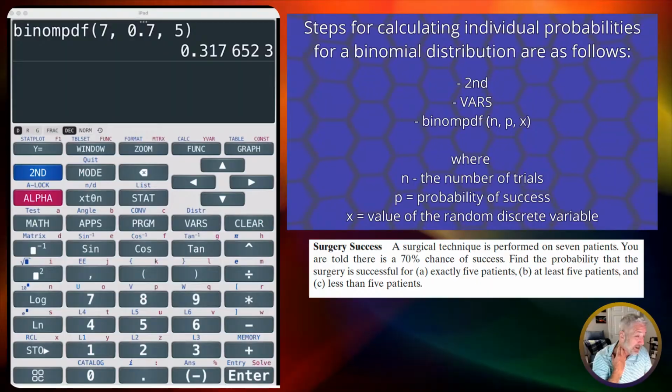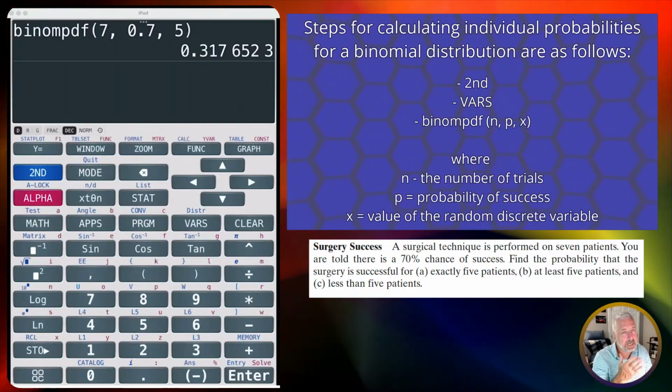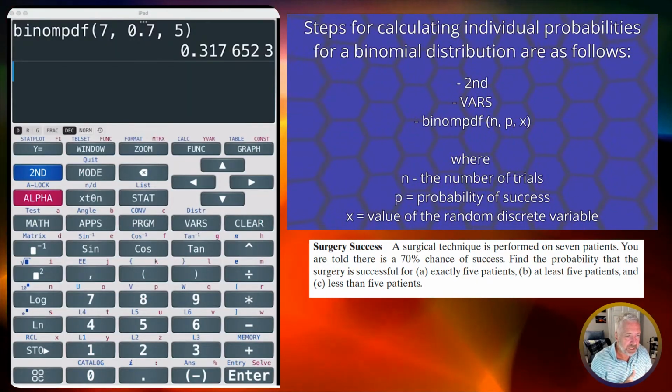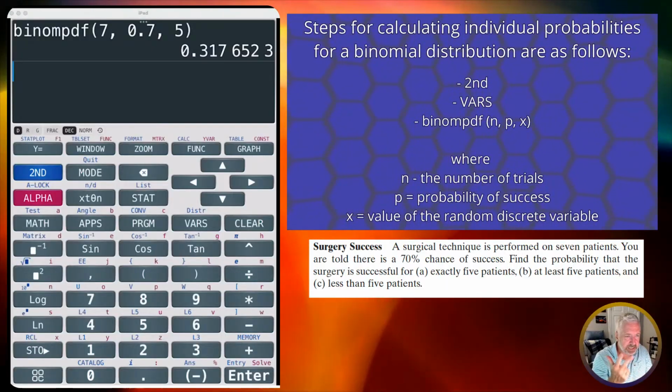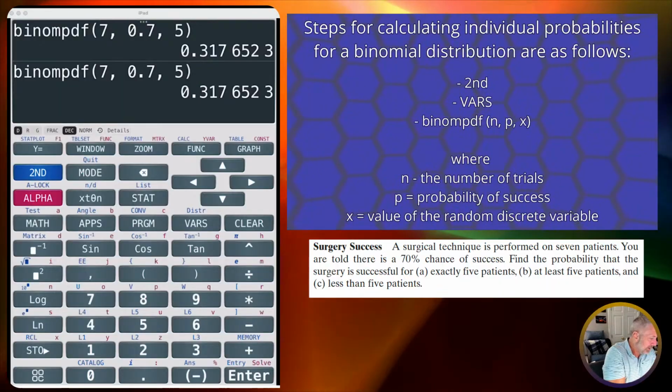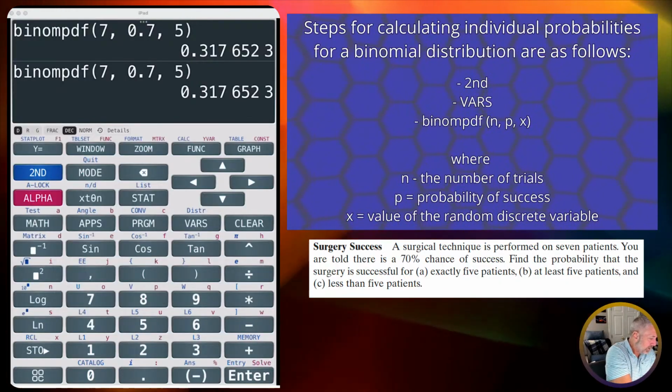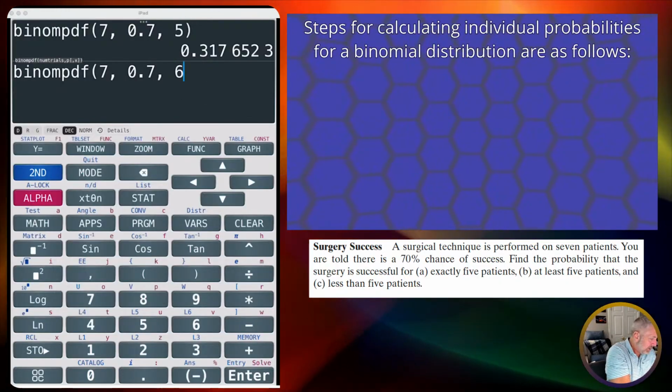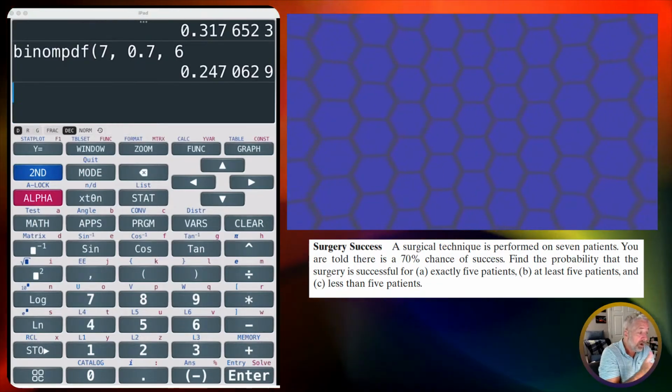would be the probability of exactly 5 patients. Now you're looking at least 5 patients. Well, at least 5 patients is 5, 6, and 7. So I could go the probability of 5, which we already have, and now go 6. There's enter. Add that.